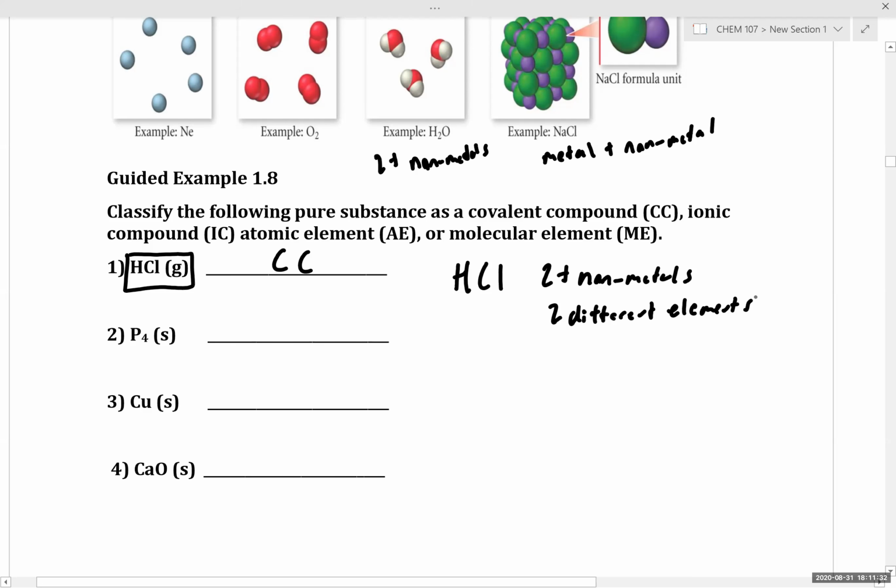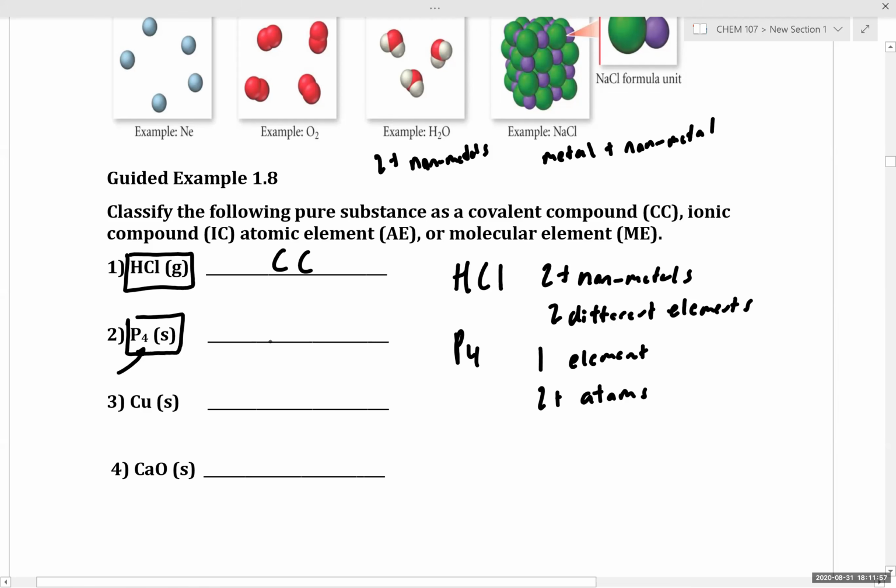Okay, perfect. Looking at P4, we just have one element in our formula. However, we have two or more atoms. So because we have a single element and two or more atoms in the formula, everyone sees that 4, correct?